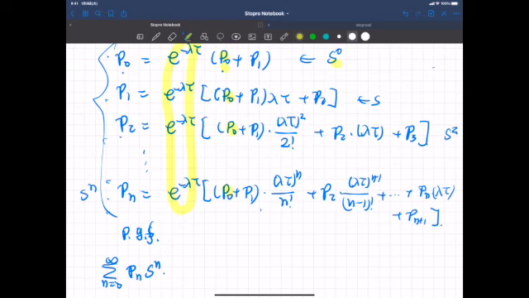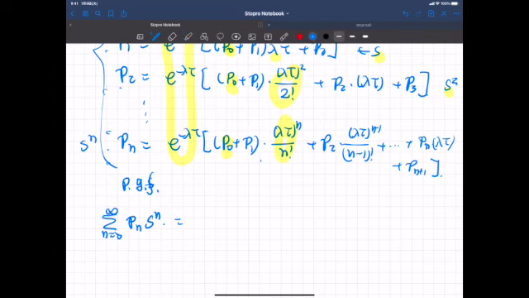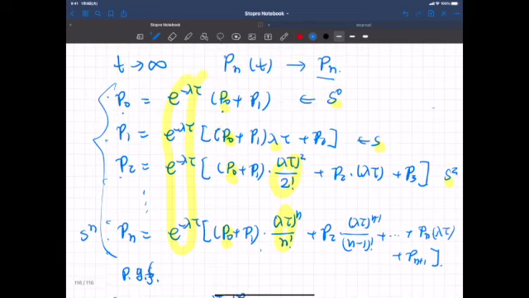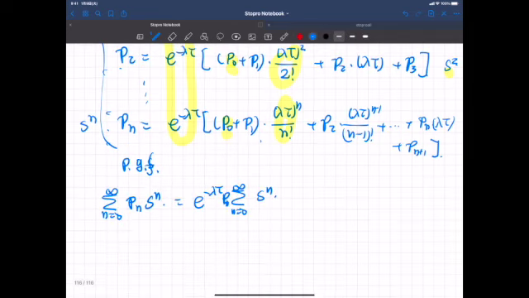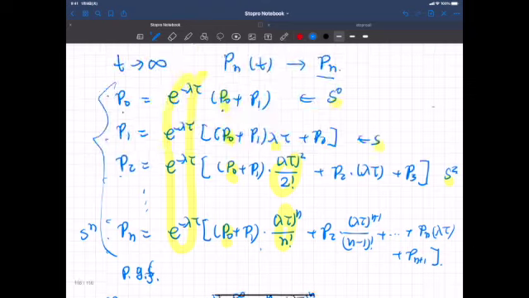This is P0 times 1, P0 times lambda tau times s, P0 times this term times s squared, P0 times these terms times s to the power of n. So the first thing we notice is this P0 and the sum over n from 0 to infinity of powers of s and lambda tau to the power of n divided by n factorial, right?